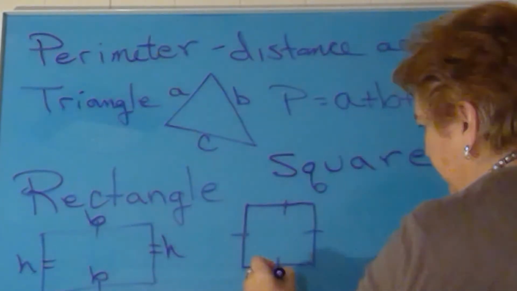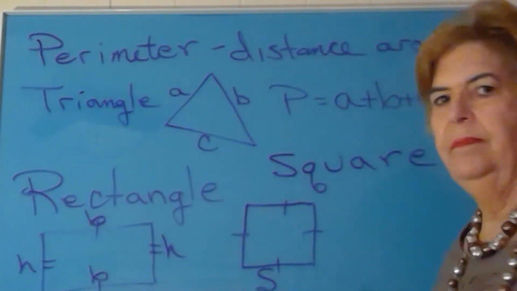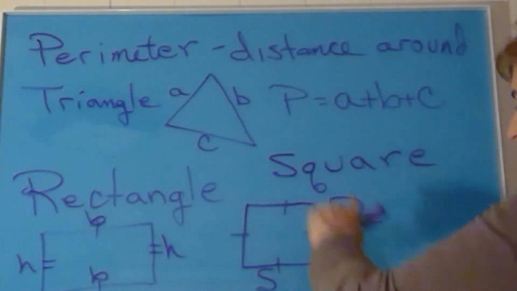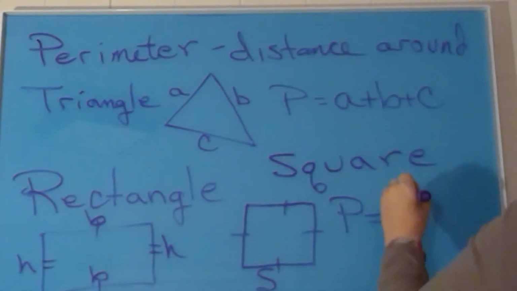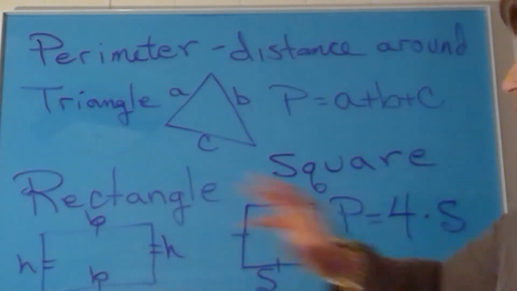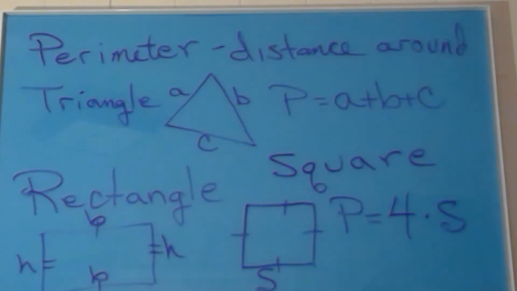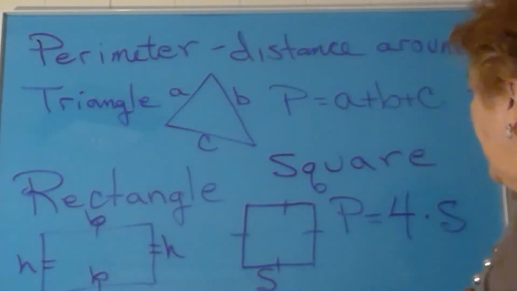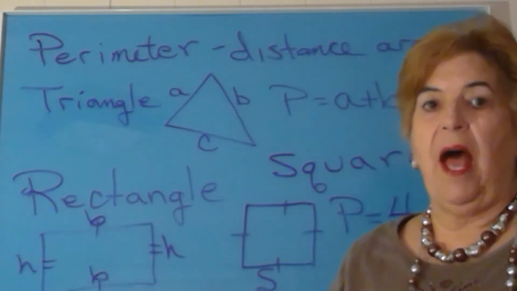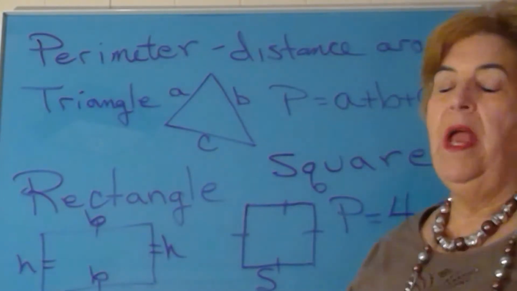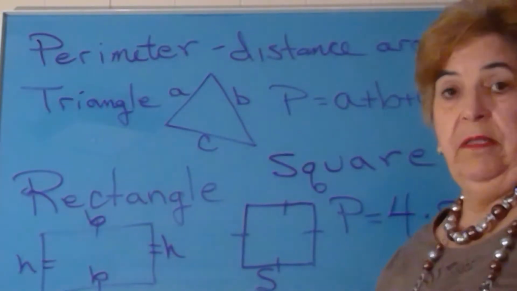So we often will label it S for side. To find the perimeter of the square, since all the sides are equal, it's just 4 times S. The reason why this is helpful rather than the previous that we used for rectangle is because often they'll only tell us one side of a square. They'll say, find the perimeter of a square that has a side of 2. Well, if the side's 2, you multiply that times 4, and you end up with 8.